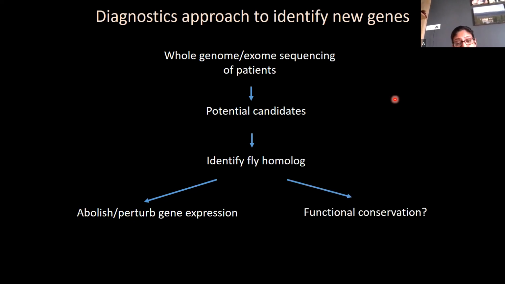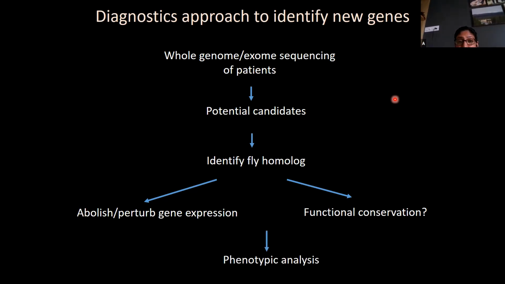In that case, we again go for functional conservation. As soon as we know that the human protein rescues that lethality, we can think of other experiments. Then we can go for conditional knockdown in the eyes and look whether loss of this gene in eye development leads to a phenotype or not. Once we know, we are going to characterize it fully and find out whether human variants also cause this problem in Drosophila.